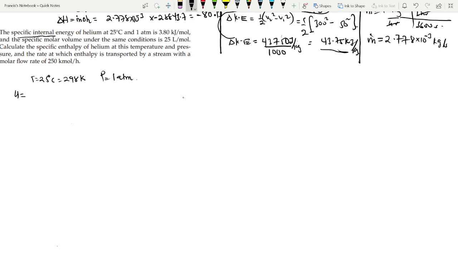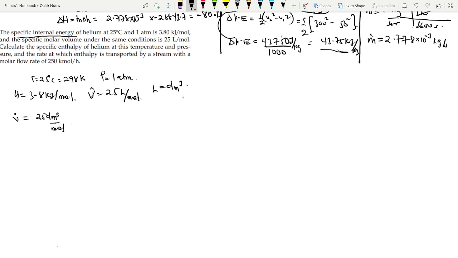They said just internal energy. So U is 3.8 kilojoules per mole. And a specific molar volume under the same conditions, 25 liter per mole. You should take note that liter is the same as decimeter cube. So you can just write 25 decimeter cube per mole. That is our volume, specific volume.